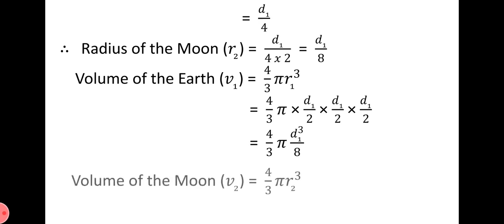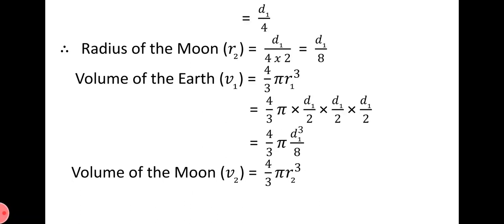Similarly volume of the moon v2 equal to 4 upon 3 pi r2 cube. Inserting the value of radius of moon, that is equal to 4 upon 3 pi into d1 upon 8 into d1 upon 8 into d1 upon 8. Therefore volume of the moon v2 equal to 4 upon 3 pi d1 cube upon 512, because 8 8s are 64 and 64 8s are 512.